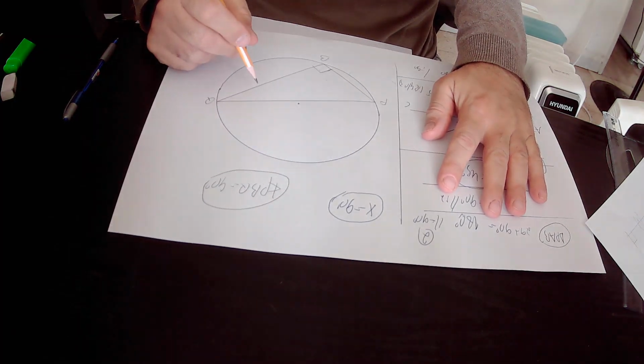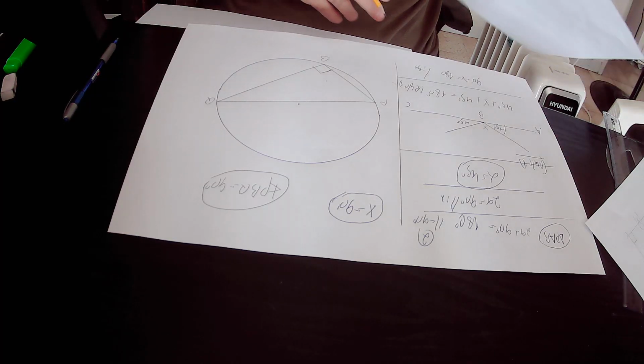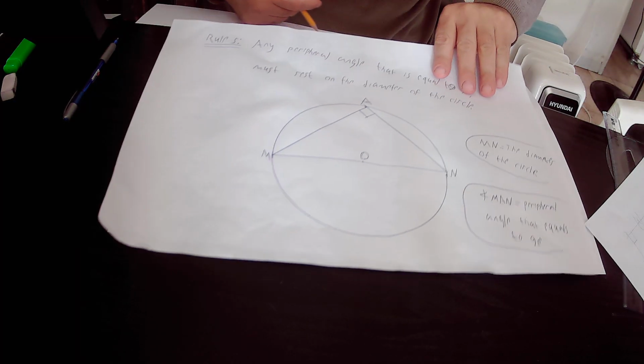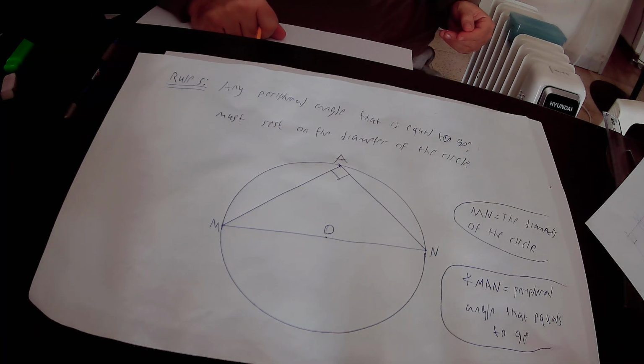Therefore, we can implement here rule number 5. According to rule number 5, any peripheral angle that is equal to 90 degrees must be subtended on the diameter of the circle.